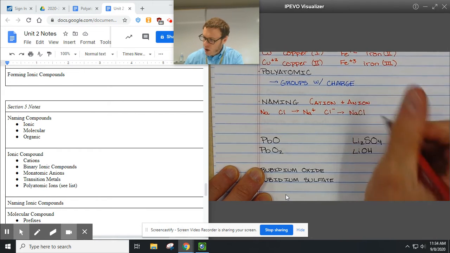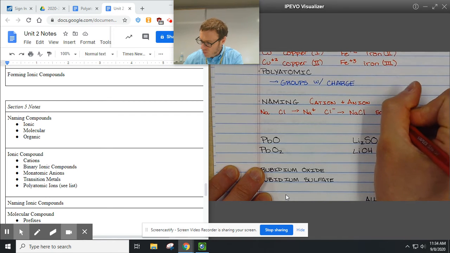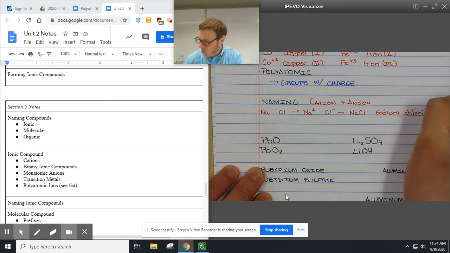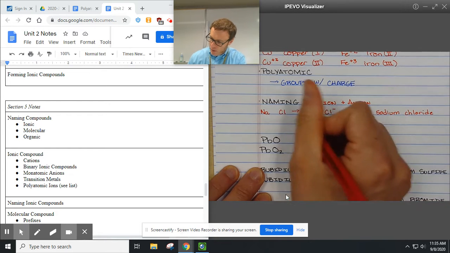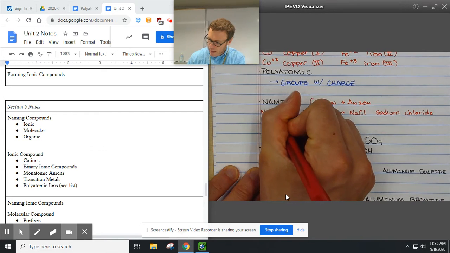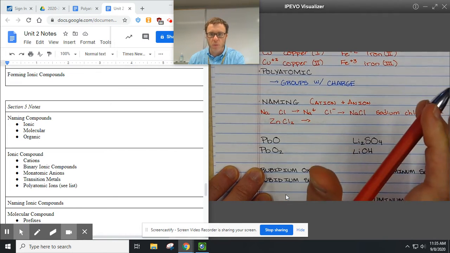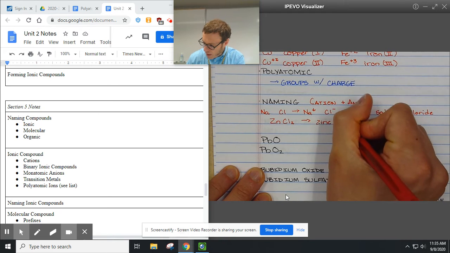So here, our cation name is sodium, and our anion name is chloride, sodium chloride. It's that simple. So as I move forward here, now we'll do ZnCl2. Now zinc only has one charge, so you don't have to worry about Roman numerals. This is zinc chloride.